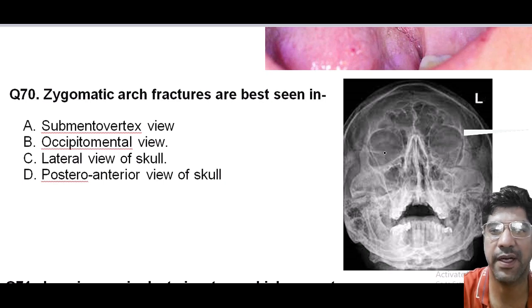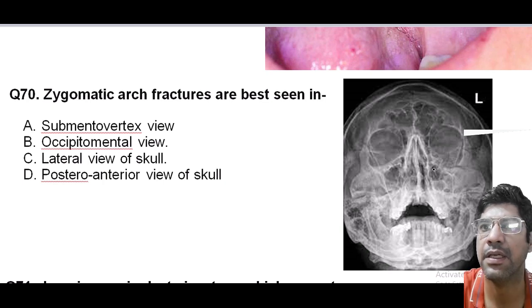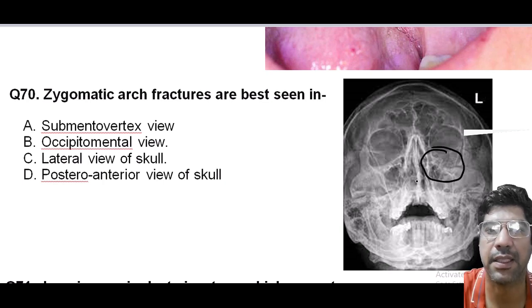So the submental vertex view is a radiographic view that is commonly used to visualize the zygomatic arch fracture. It provides a clear specific view of the zygomatic arch, and it is considered the view of choice for diagnosing these fractures.